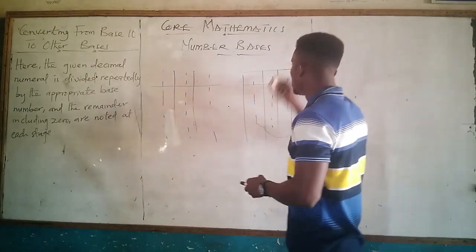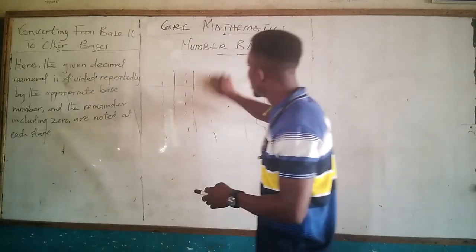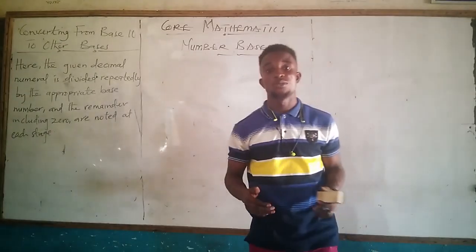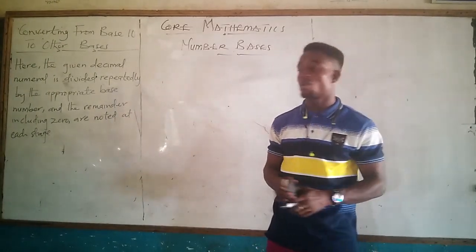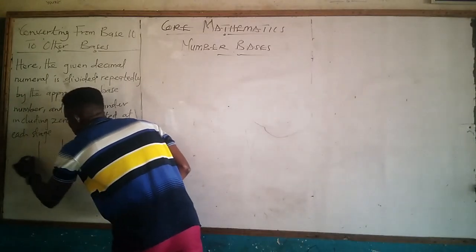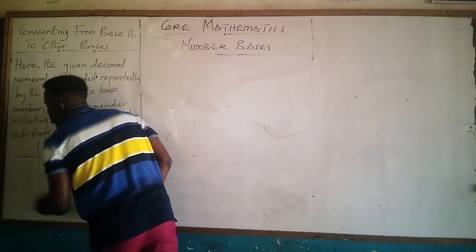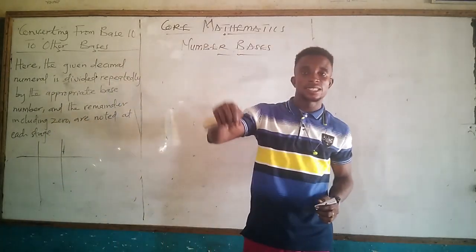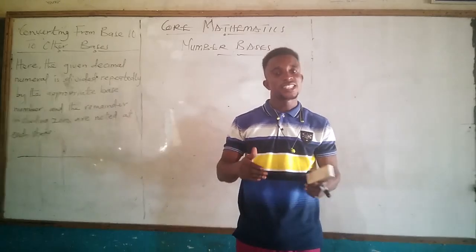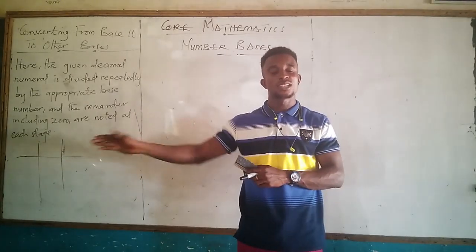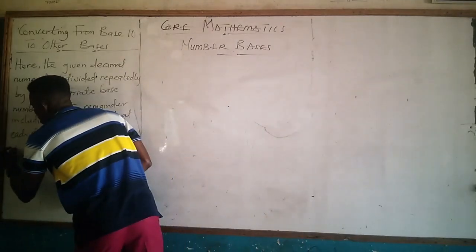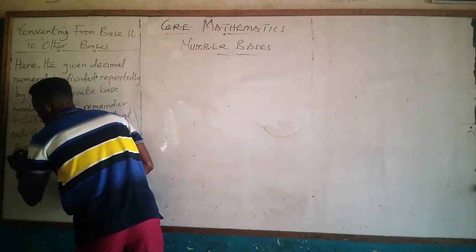So in this particular lesson, we are going to be creating 3 columns. The first column is for the base in which we are converting the base 10 to.